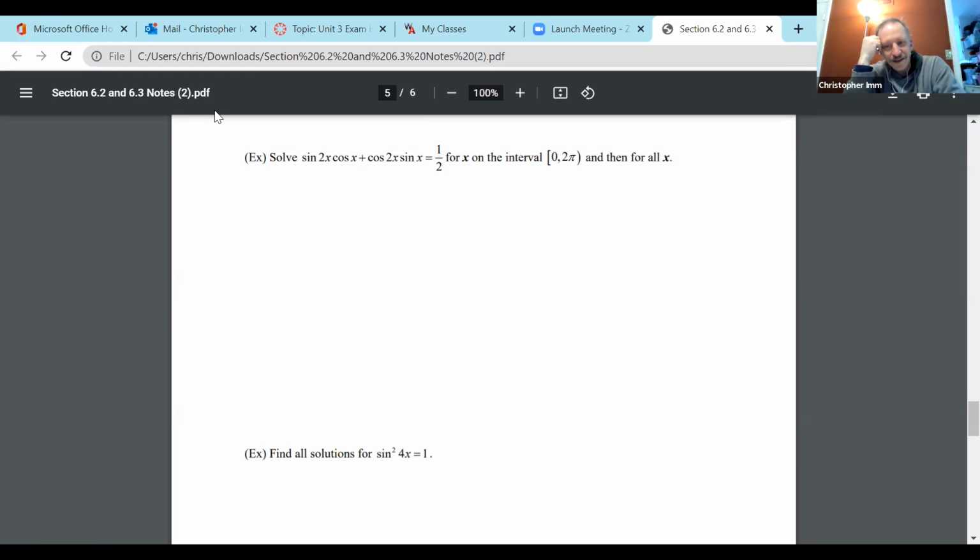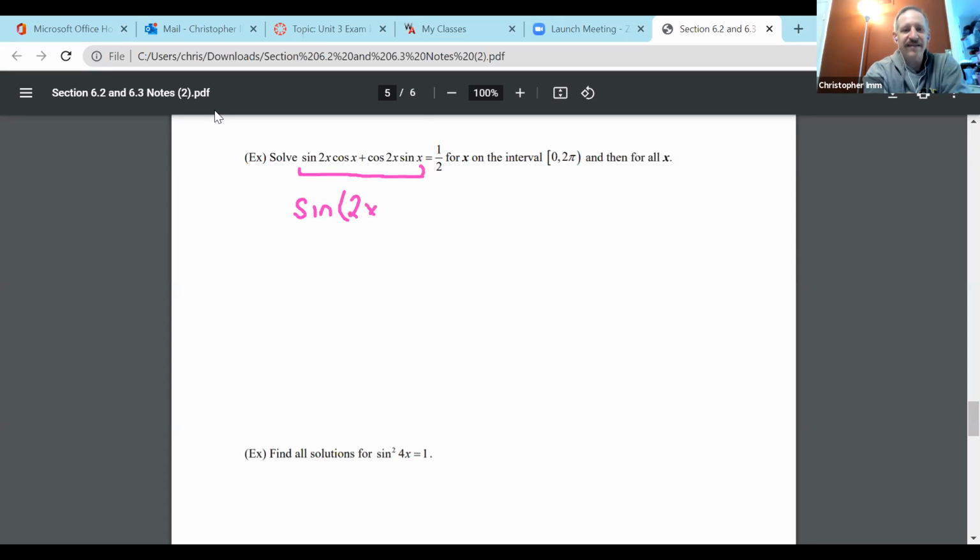Go ahead, Ali. Sine 3x equals 1/2. So it's sine of 2x plus x. Exactly. Very nice. This is actually a formula for the sum of sines.